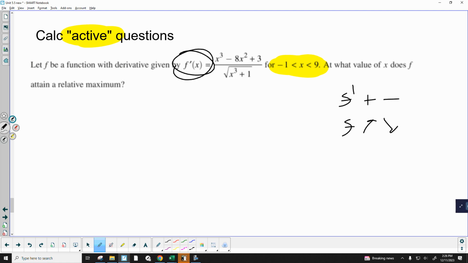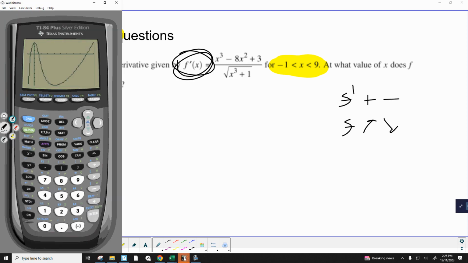This is the graph of F prime. We were just doing F prime graph questions. This is the same. The answer is not the location of the max. The answer is the location of this 0 right here. Second calc 0, not max.